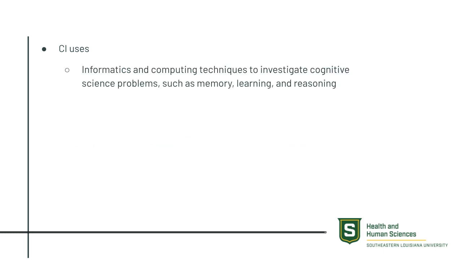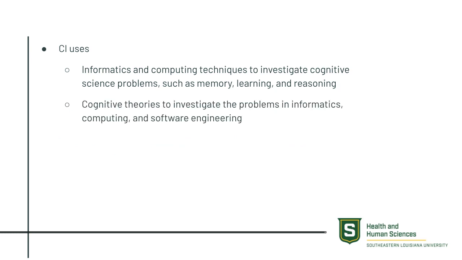The end goal is that cognitive informatics uses informatics and computer techniques to investigate cognitive science problems in terms of memory, learning, and reasoning, and it uses cognitive theories to investigate problems in informatics, such as problems in computing and software engineering.